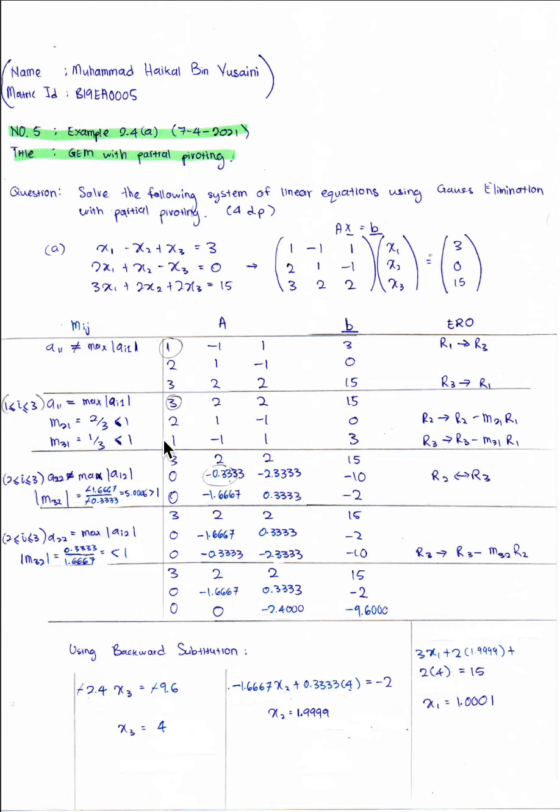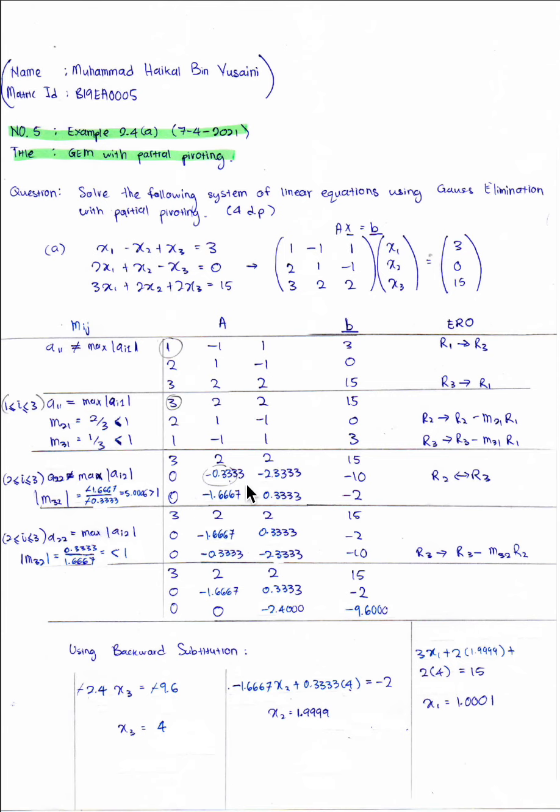It is the same with row 3, using this formula. After we use this ERO, we get the two values here as 0, but we forgot that this one here is not equal to 0, so we must check again.